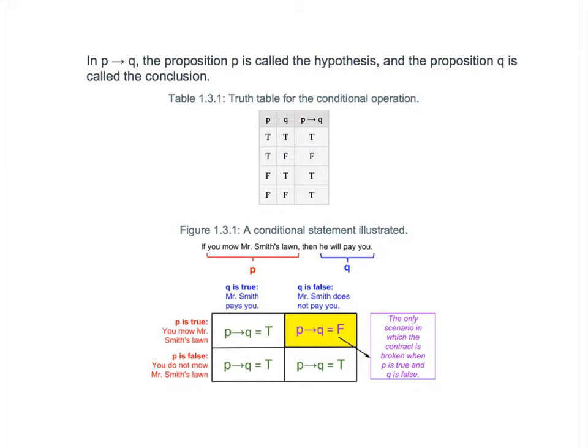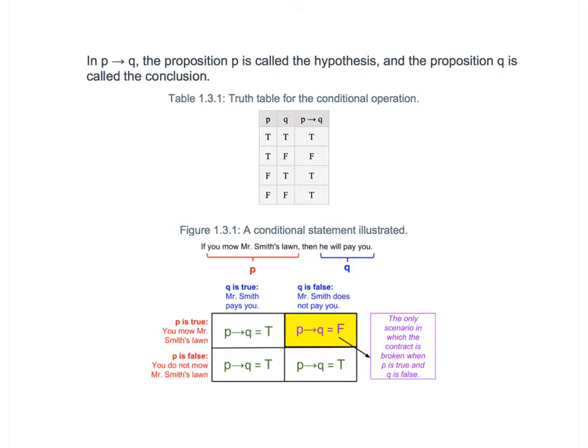Let's look at all four possibilities and see what the value of the conditional statement is according to the definition of the conditional operation. In the first case, when P and Q are both true, which means you mow Mr. Smith's lawn and he pays you, obviously the value of if P then Q should be true, right? You mow his lawn, he pays you.